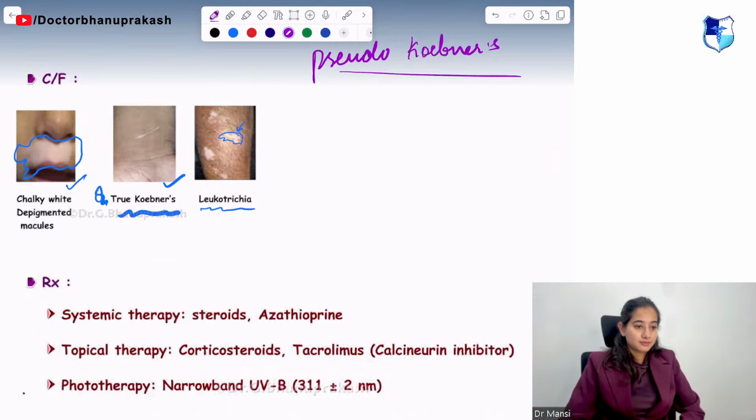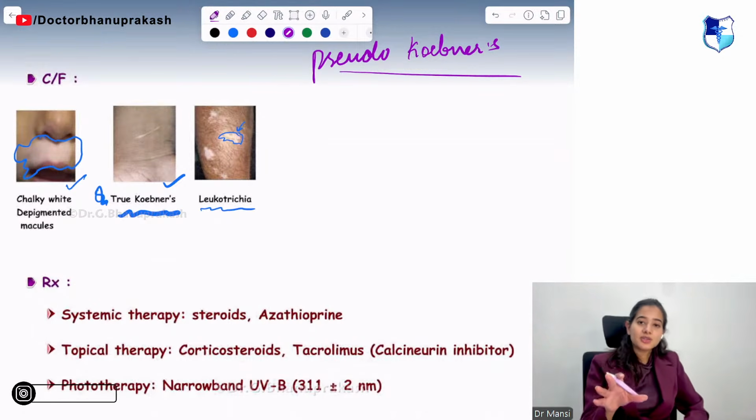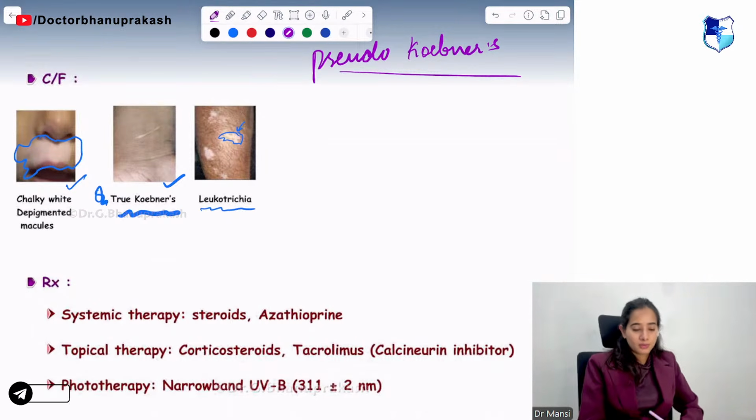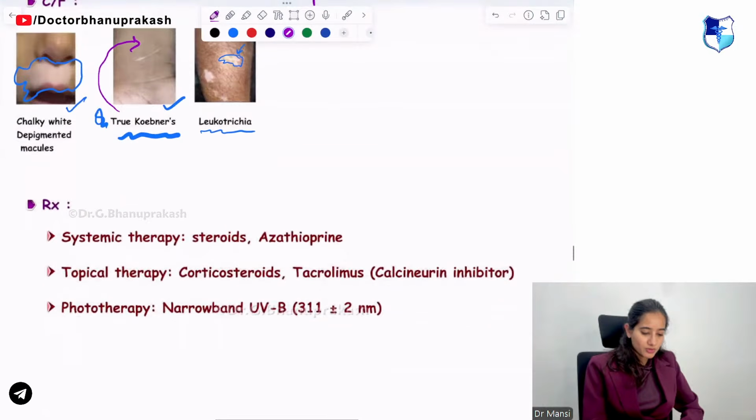Molluscum is the right answer. And can you also get lesions due to trauma? Absolutely right. If you cause trauma, like if you scratch, or for any other reason, and the lesions come at the site of trauma, then this kind of sign is called Koebner's phenomenon. So a true Koebner's is seen in vitiligo, very important to note.